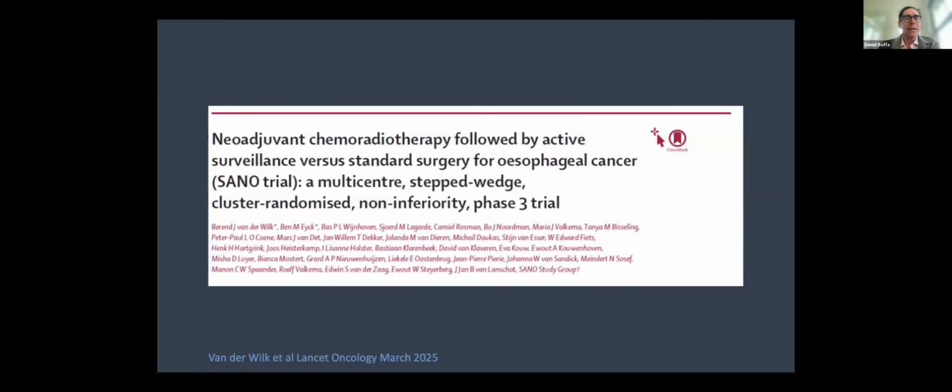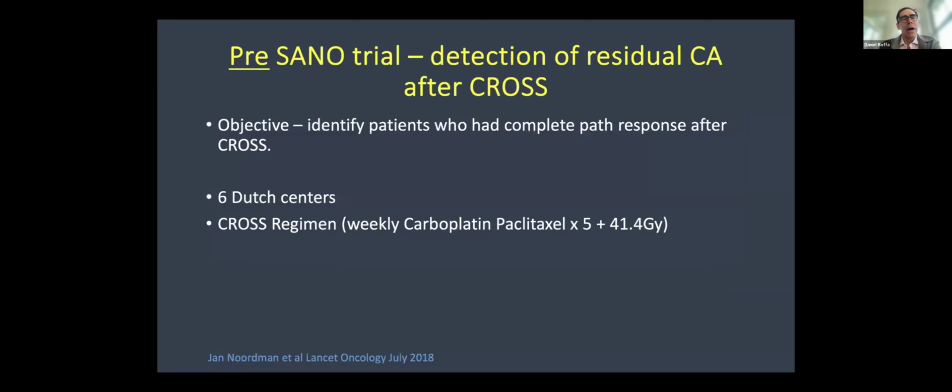So I'm going to focus on the SANO trial, which is a phase 3 trial that looked at selecting people to not go on to surgery after receiving the cross regimen of induction chemoradiation.